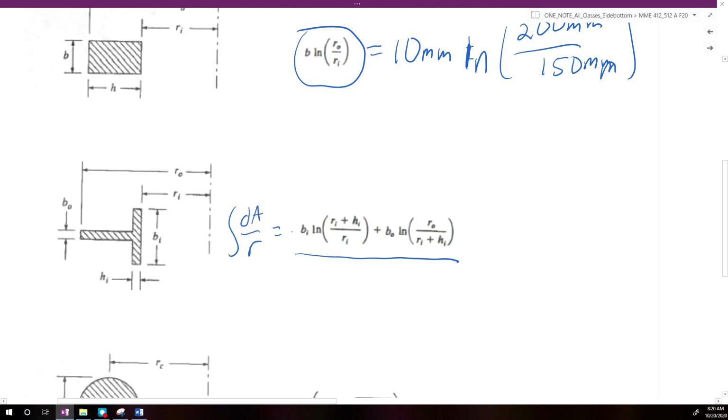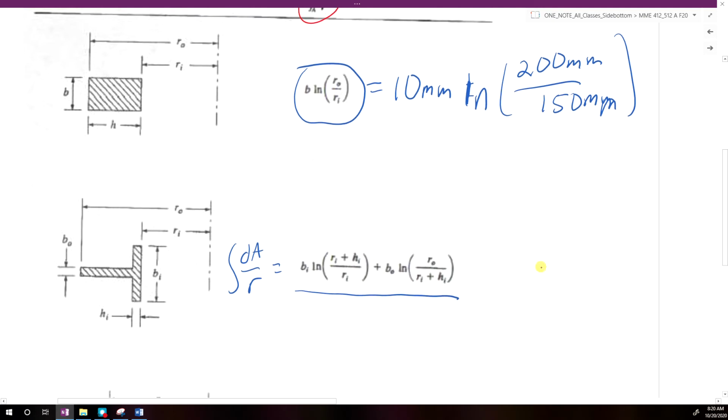Okay, so this is table 5.61. If we do that, we can plug in all of our values here. Our inner bi from our earlier statement was equal to 1 inch, times the natural log of Ri plus hi divided by Ri.